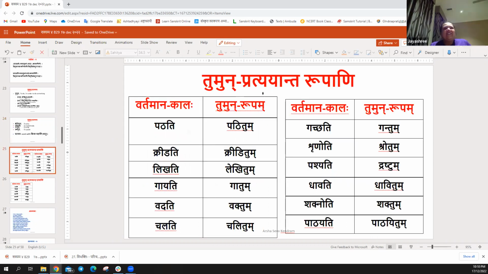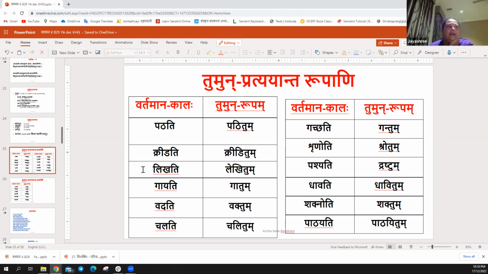All right. So we have this Tumun Pratyaya, how it goes. Patati, patitum. Kridati, kriditum. Likhati, lekhitum. It's not likhitum, it's lekhitum. Some of these change.